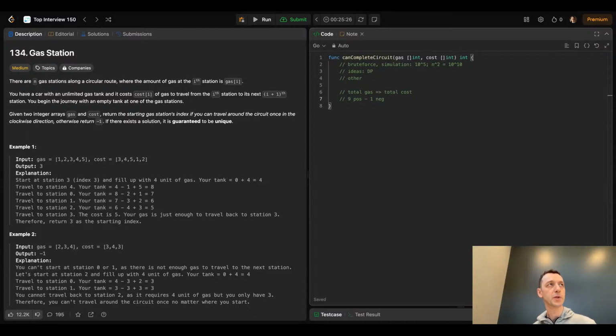If we knew the total sum of the negatives, that will tell us how much we need.